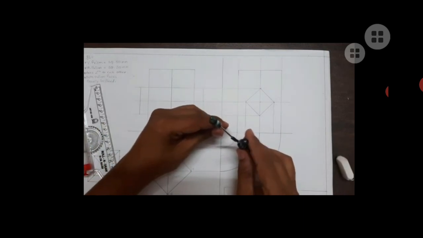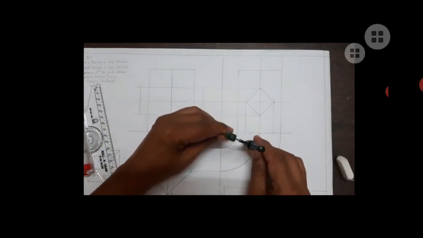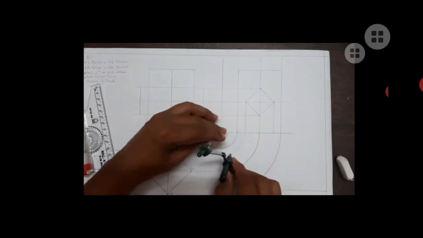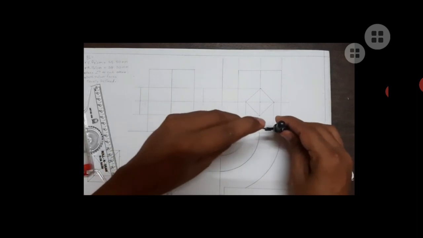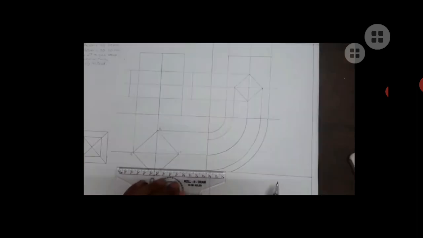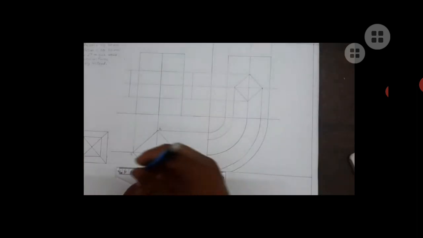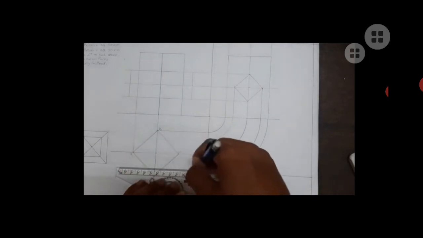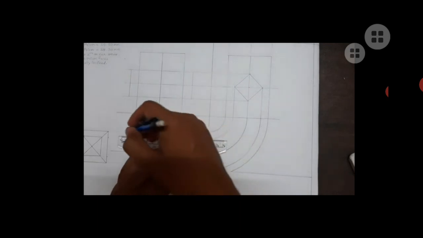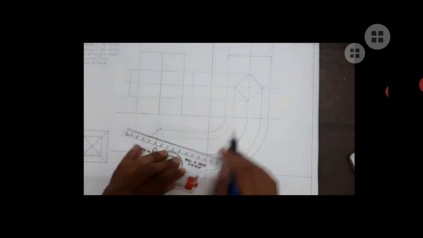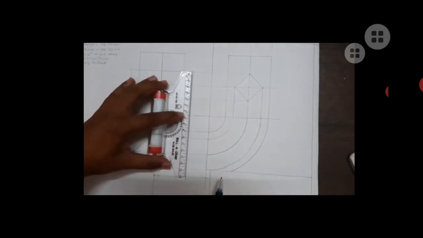So there are two methods. One is a 45 degree angle line drawn, or then draw the circle. Similarly, mark the third points on this front view. Mark these also on the front view. Then project all lines.